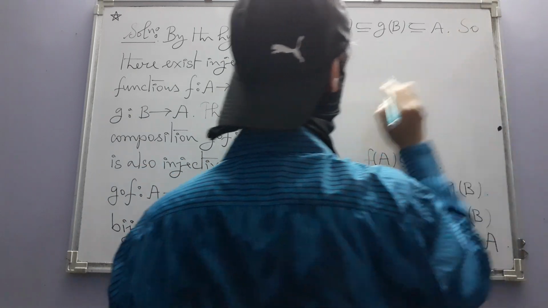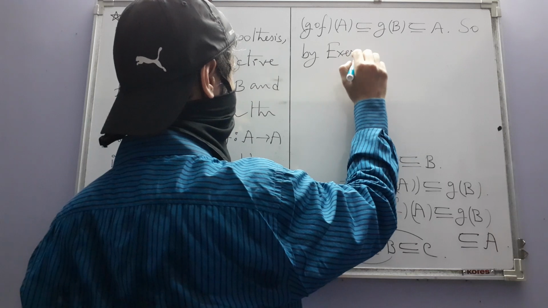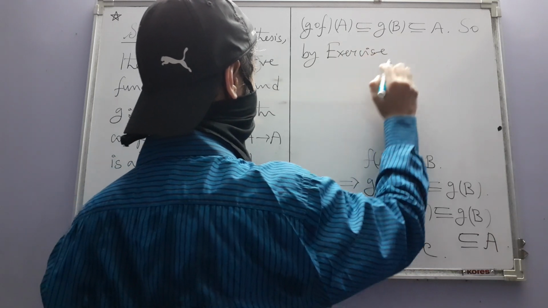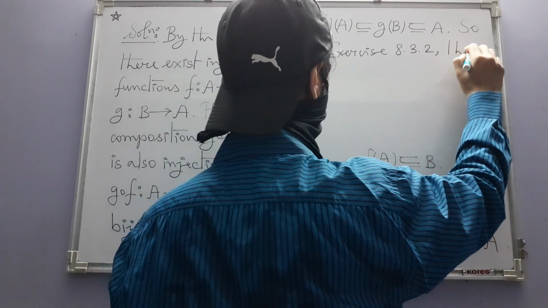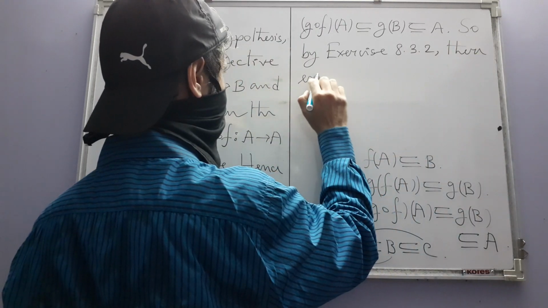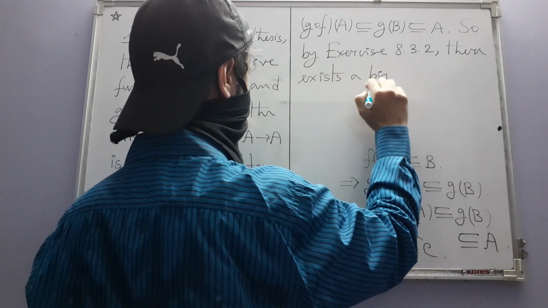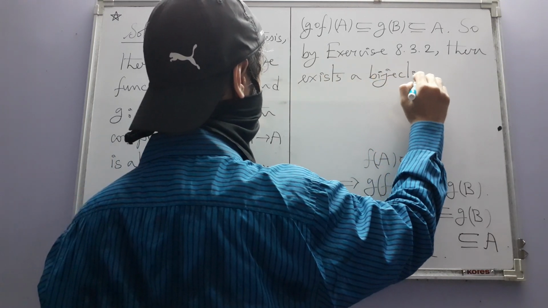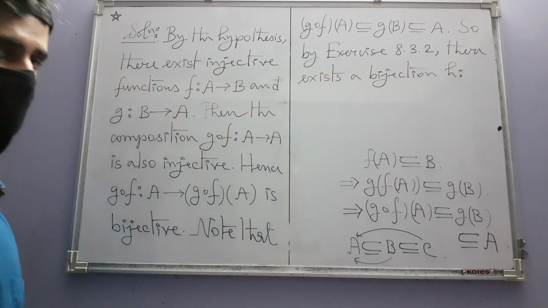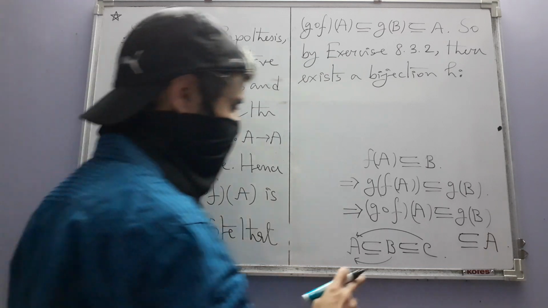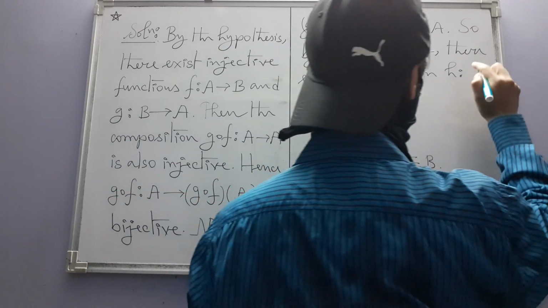So, by exercise 832, there exists a bijection, let's call it H, because there also we called it H, from the intermediate set into this.